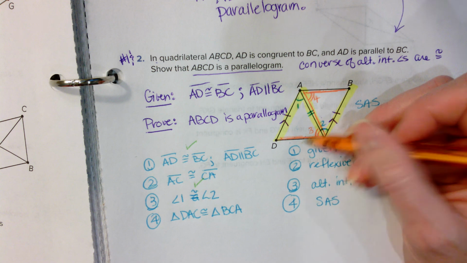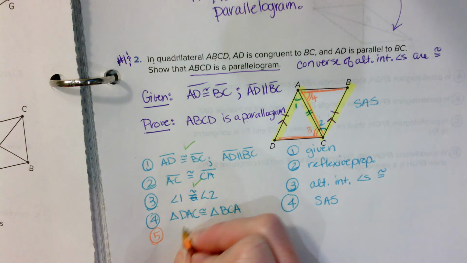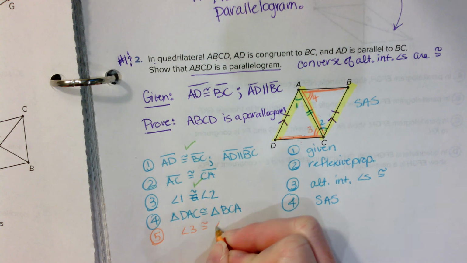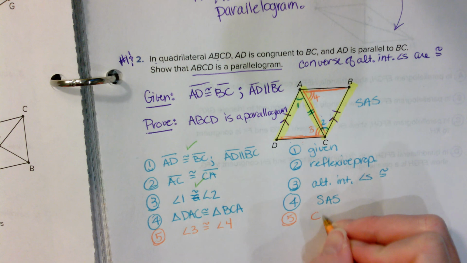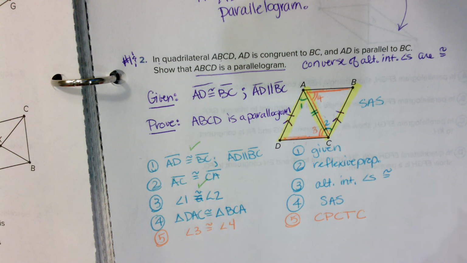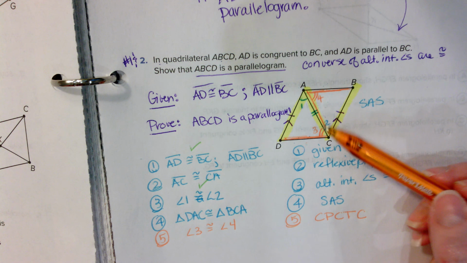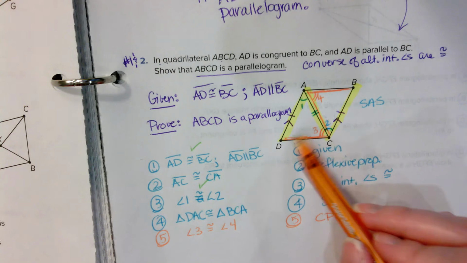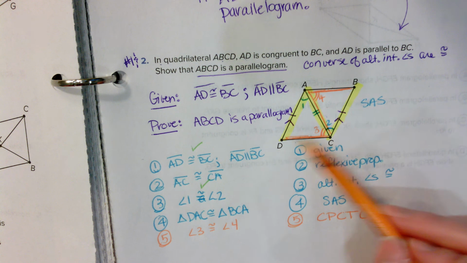So let's work on getting 3 and 4 congruent. I know that angle 3 is congruent to angle 4 because those two angles are corresponding parts of two congruent triangles, so they have to be congruent. And if 3 is congruent to 4, those would be the alternate interior angles for these two lines. They would have to make AB parallel to DC.